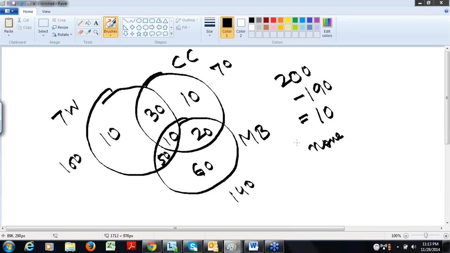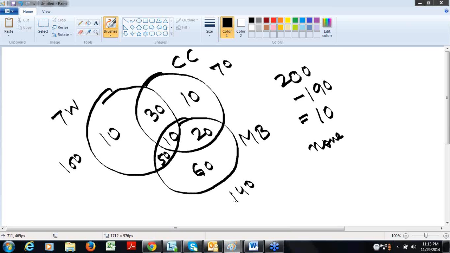Let me explain once again. There are three types of candidates in the customer care center. One had a two-wheeler, one has a credit card, one has a mobile phone, and some of them have two of them or all three. So we have put all the numbers in perspective. Two-wheeler total is 100, credit card total is 70, and mobile phone is 140.